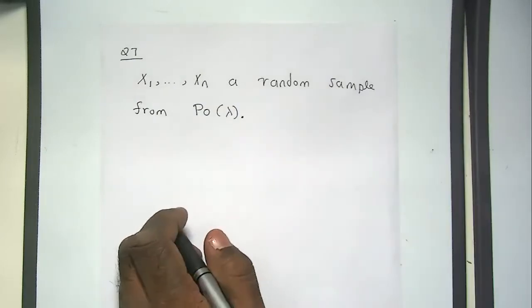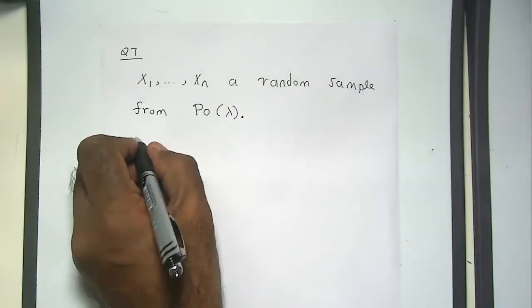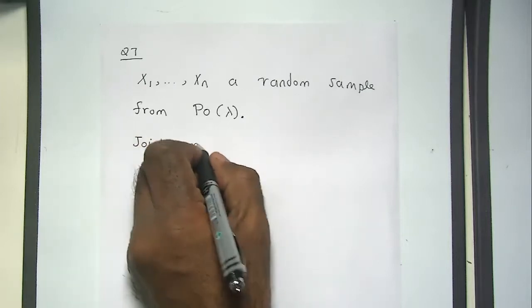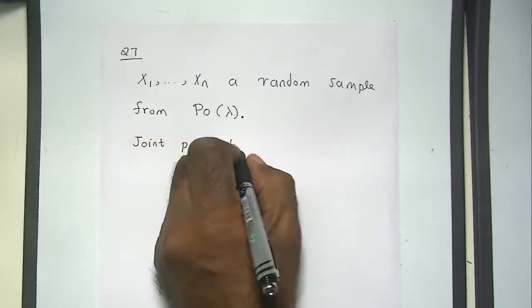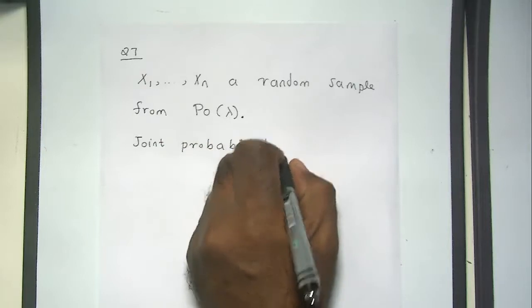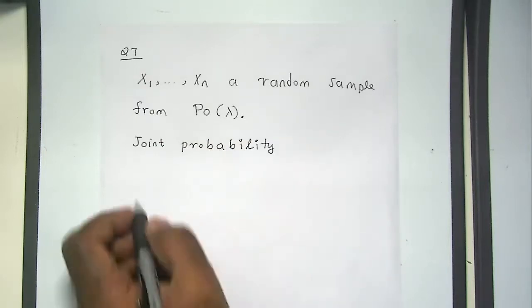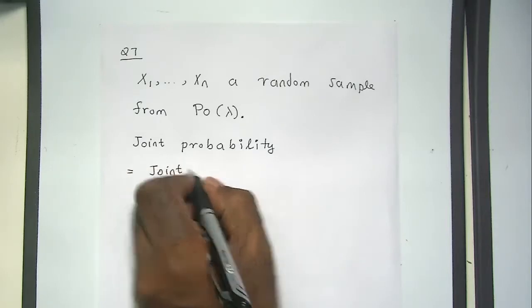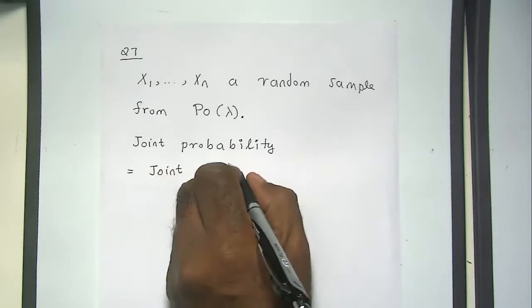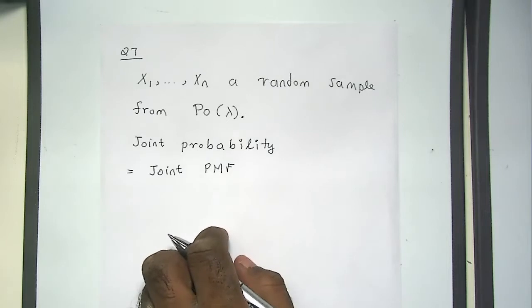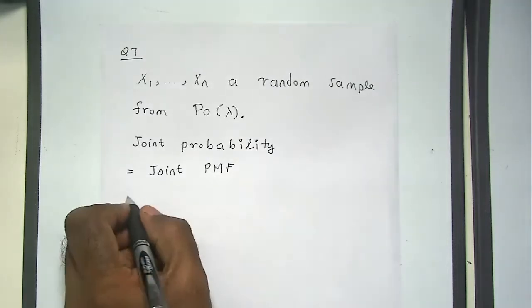Now the question is asking you for the joint probability, which is the same as the joint PMF, which I talked about in class. You may recall this from this Tuesday or last week.